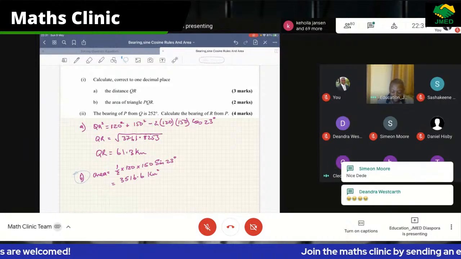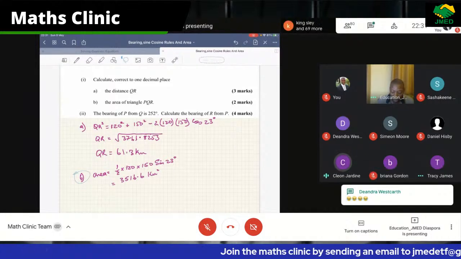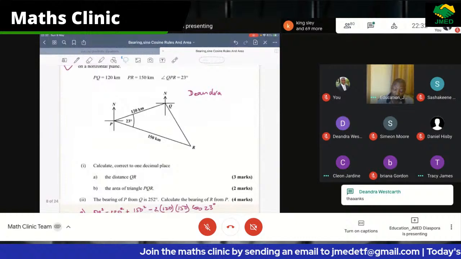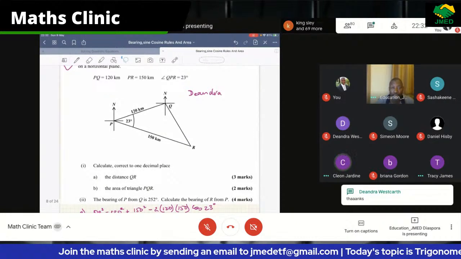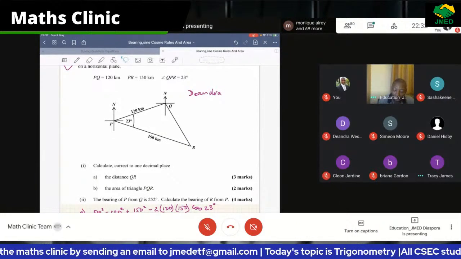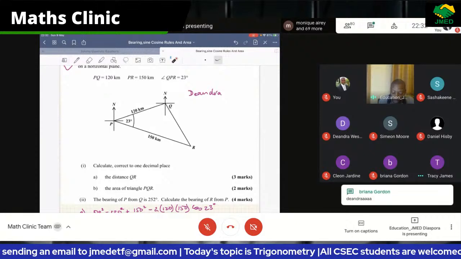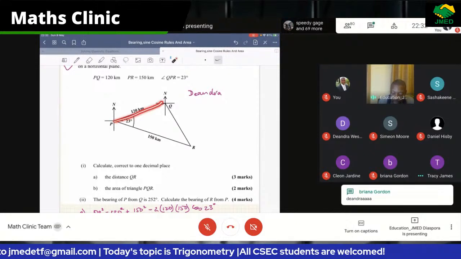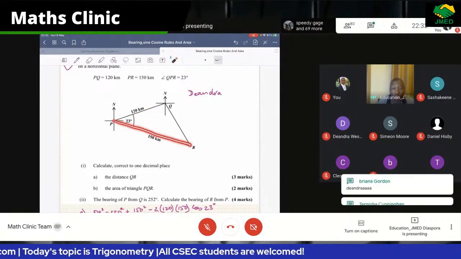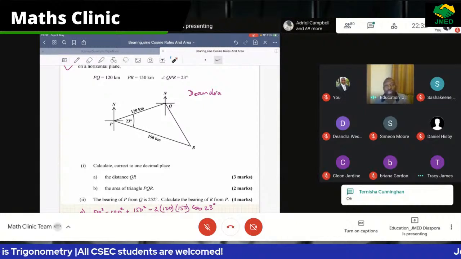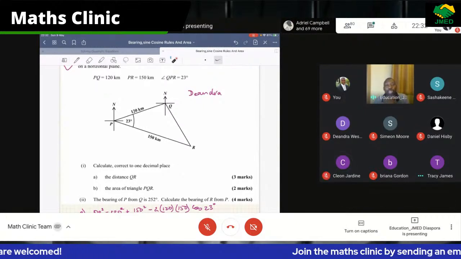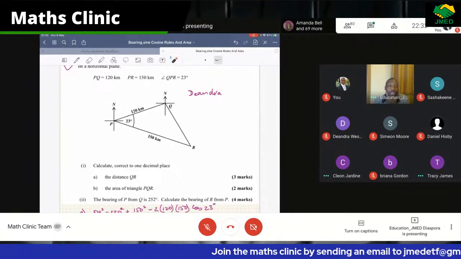How do you know which sides are A and B? It doesn't matter. It really doesn't matter which is A and which is B. You could have used that as A, or you could have used that, because it's multiplying. 2 times 3 is the same thing as 3 times 2, isn't it?